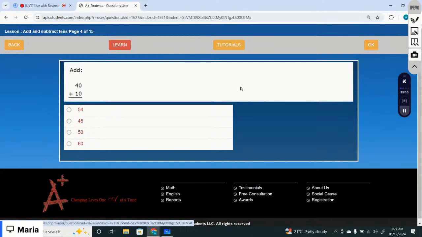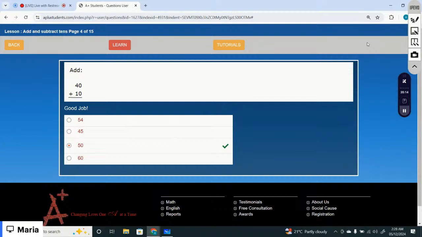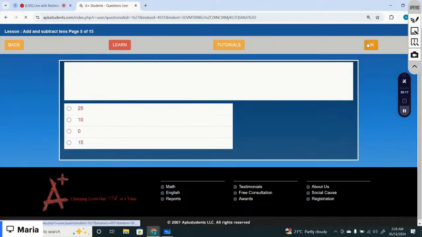The correct option is option number 3. 40 plus 10 is 50. Subtract 10 minus 0.